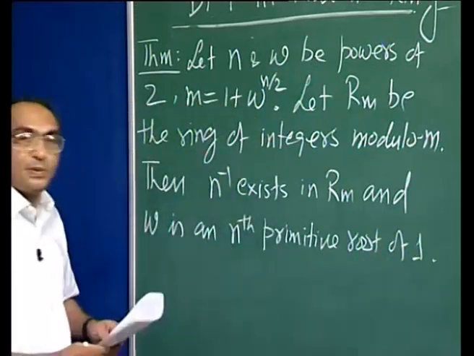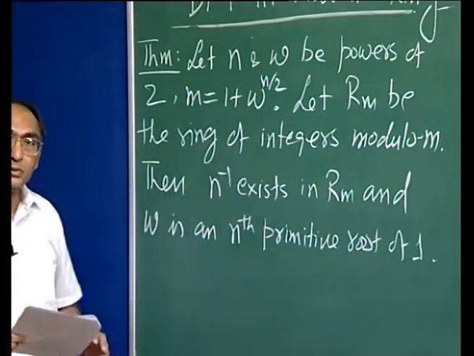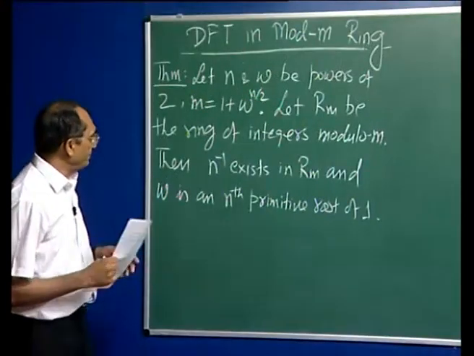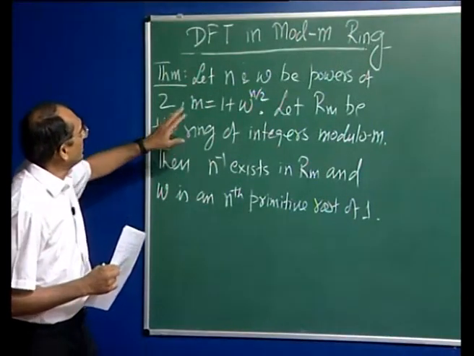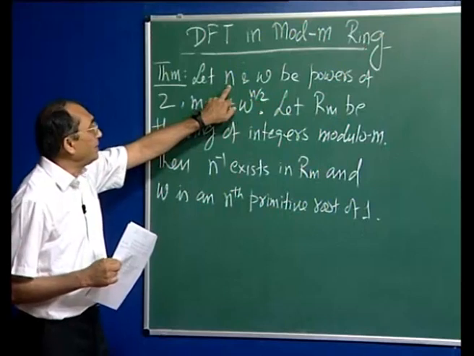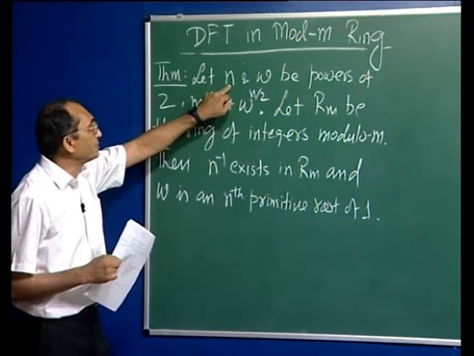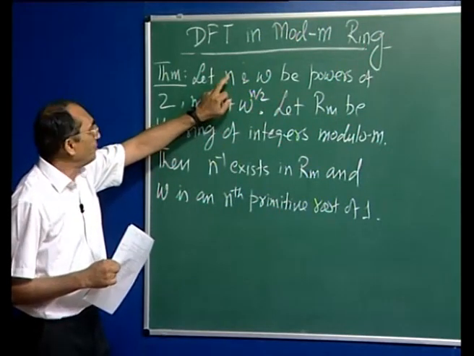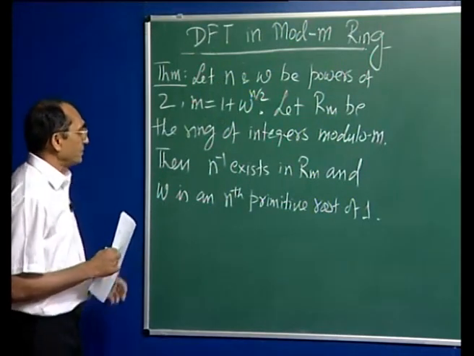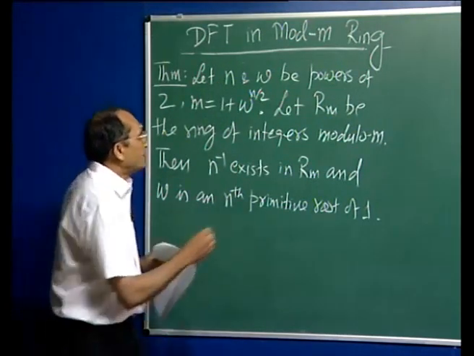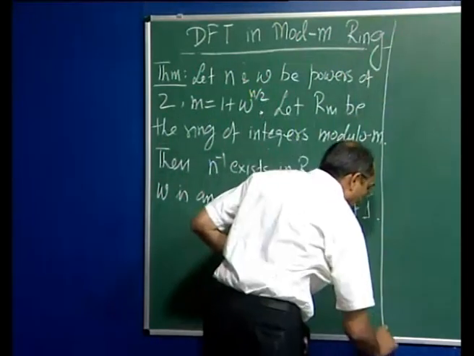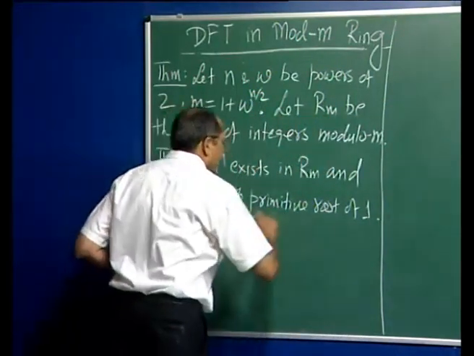So, these are the two properties we need in the ring to be able to compute the DFT, and we already start with n to be a power of 2. So, we can also use FFT to compute the discrete Fourier transform in this ring. So, let us try and show these two properties.